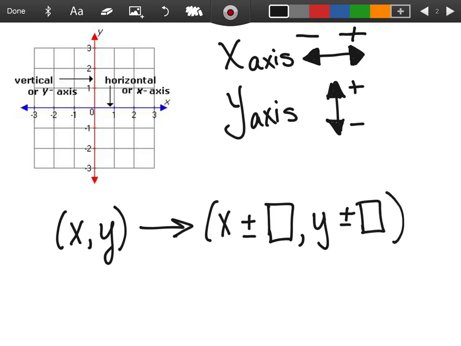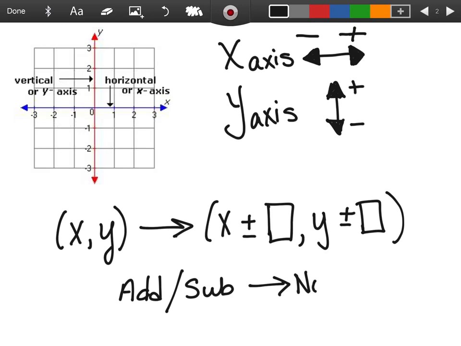Okay, now do you always have to add or subtract one? Absolutely not. You could just be moving the entire picture up, down, left, or right. You do not have to be doing them both. But always remember, this is addition or subtraction.